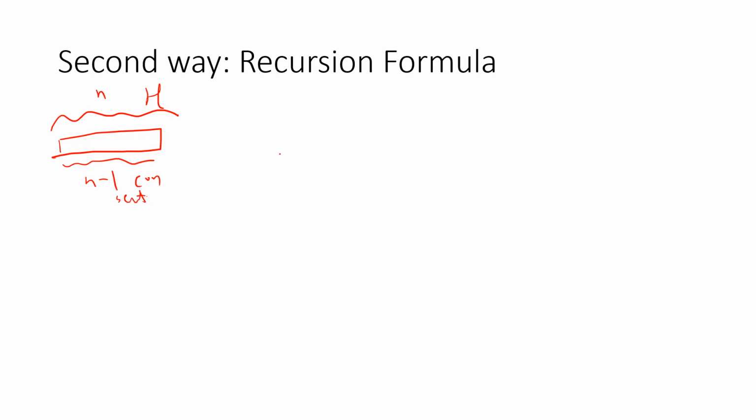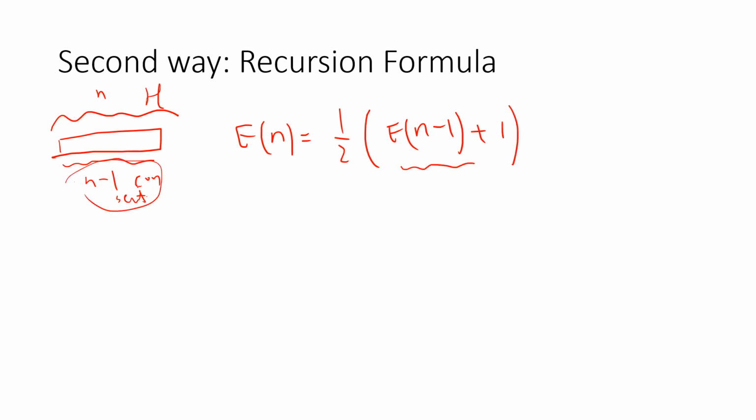So basically, you can view E of n as a half times E of n minus 1 plus 1. So this term means that you spend the time to get n minus 1 consecutive heads, and the last chance you succeed. So you only need to spend a half, there's a probability of half, and then you spend additional time.